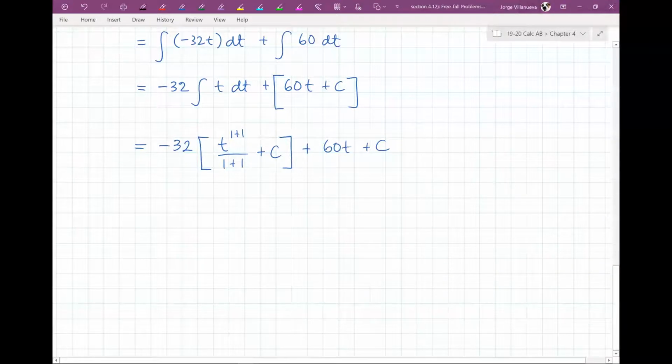Now, 1 plus 1 is obviously 2, right? So if we simplify this and distribute, we should get negative 16t squared plus 60t plus c. Okay, because t squared over 2 is what you end up with. Now, if you multiply negative 32 into it, you end up reducing 32 by 2. So you get negative 16t squared plus 60t plus c.